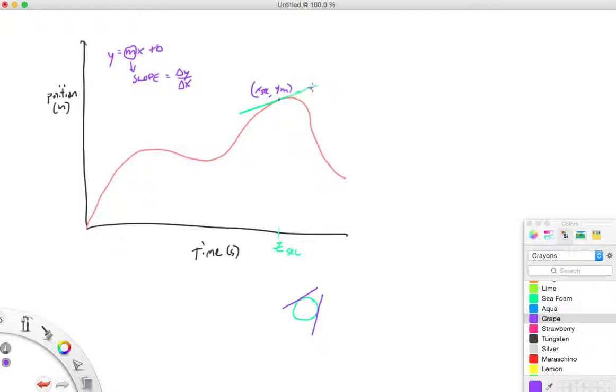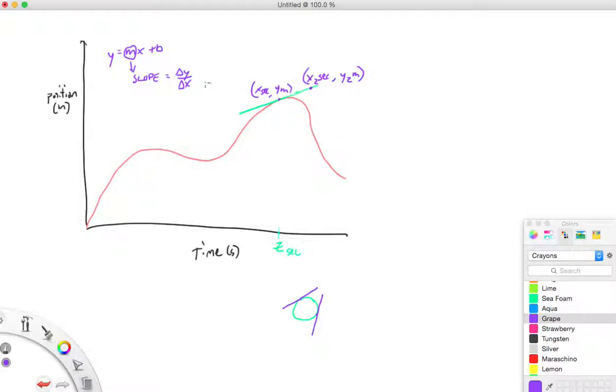And over here, this point right here, I'll call it x2 seconds and y2 meters. That's the second point over here. Okay, so we've got 2 points on this tangent line. And now all we have to do is find the slope of that tangent line to find the instantaneous velocity.